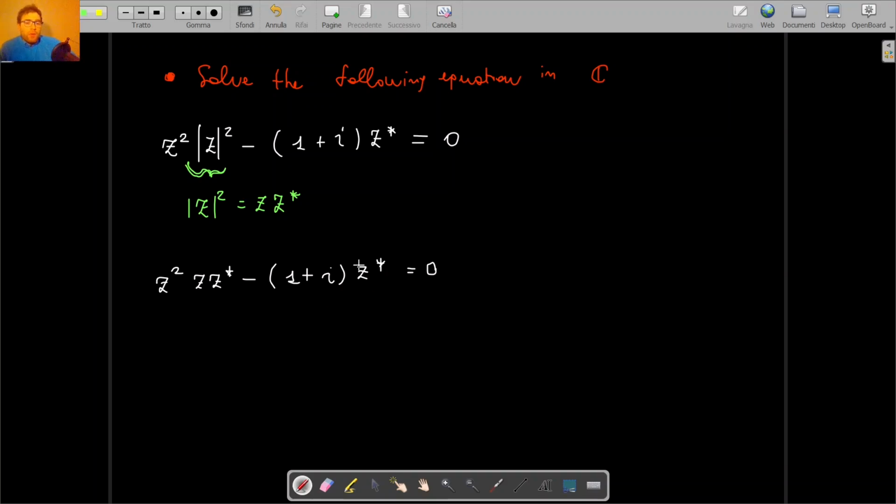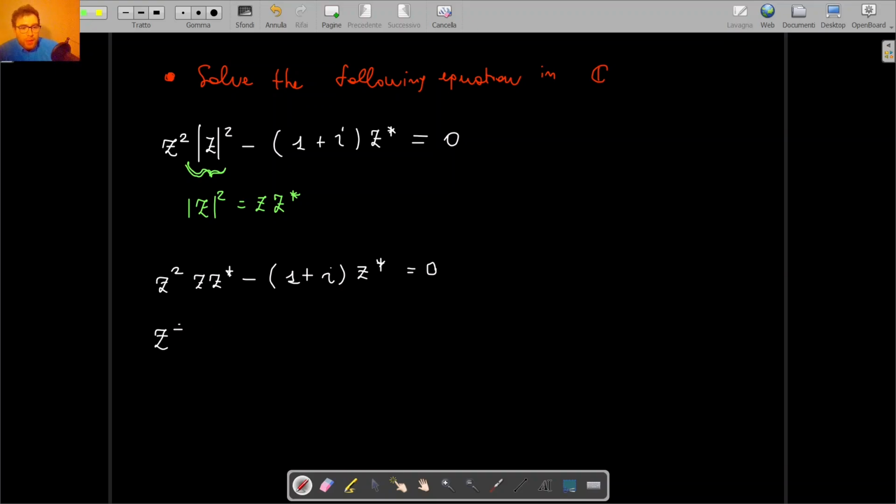Now we cannot divide both members by z star, because otherwise we would lose a solution of our equation. But alternatively, we can factor out z star in the following way.